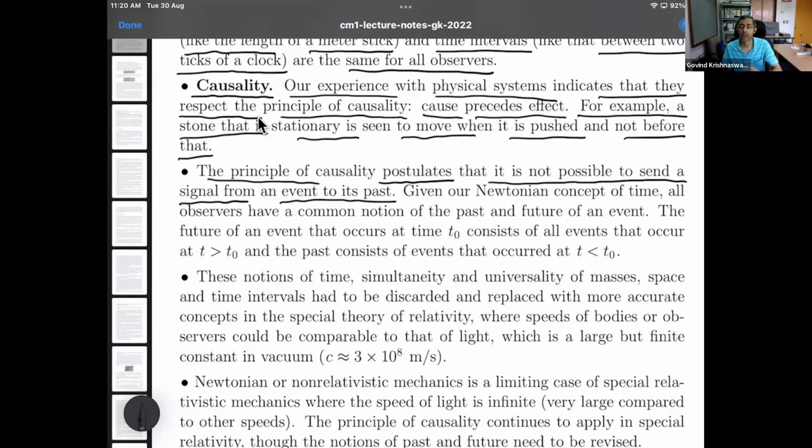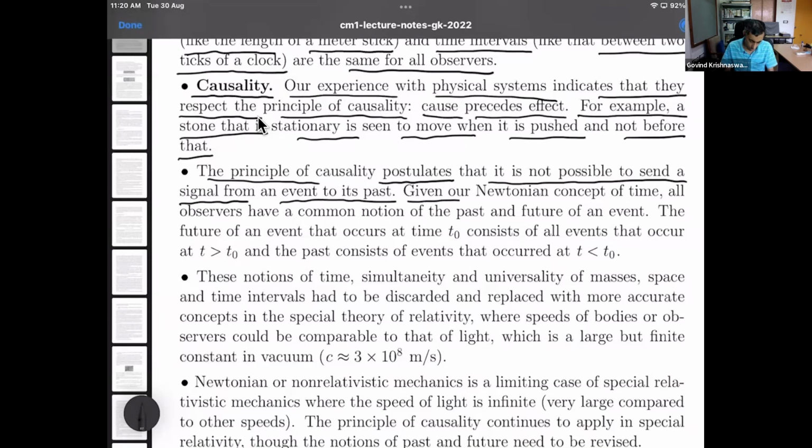So we are reformulating this concept of causality by saying that it is not possible to send a signal from an event to its past. So I cannot communicate with events that happened before the time at which I wish to communicate.